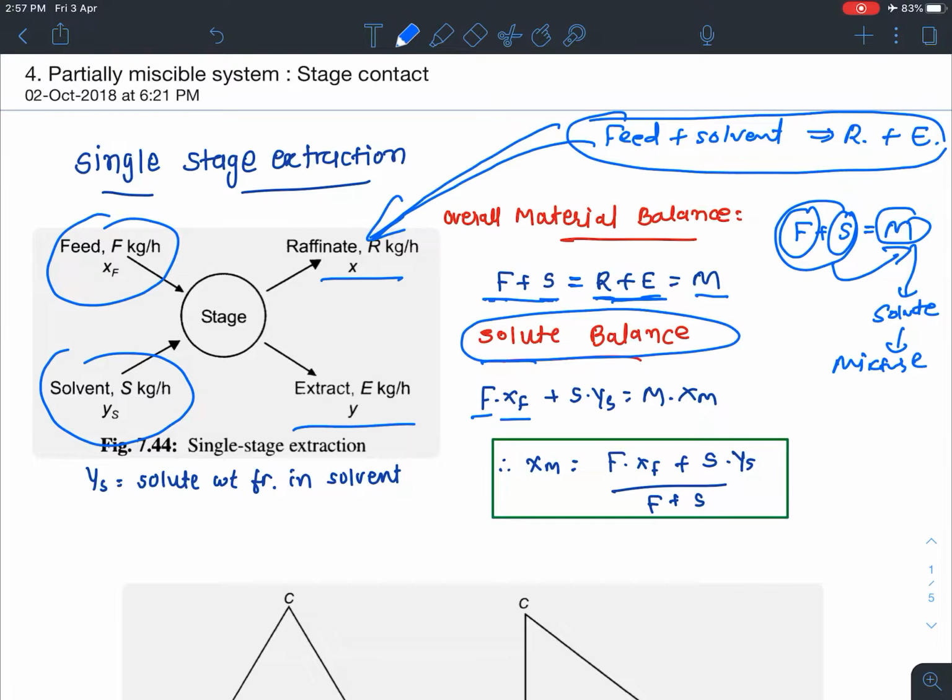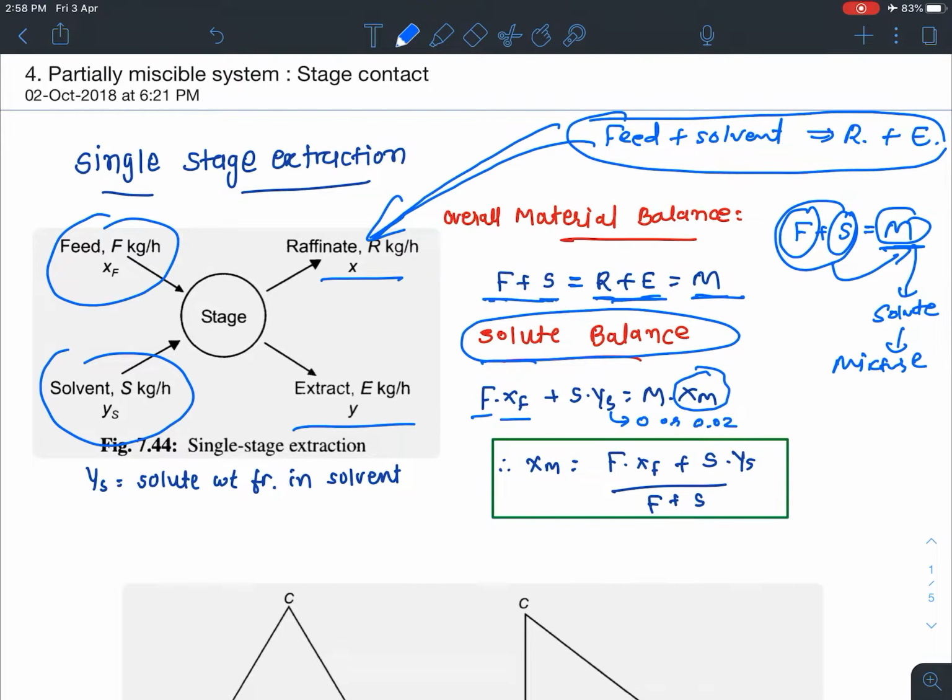That means whatever solvent we are adding, is there any amount of solute available in the solvent or not, which is YS. Basically we take it as 0 or negligible, like 2%, so it will be 0.02 or something. This is equal to M when the mixture forms, times the weight fraction of solute in the mixture, which is XM.